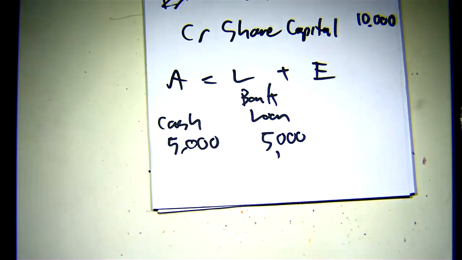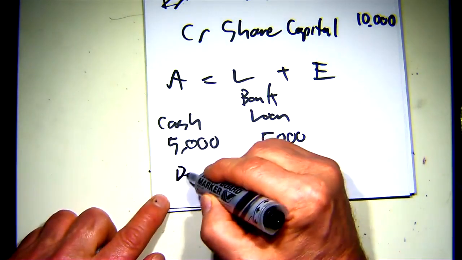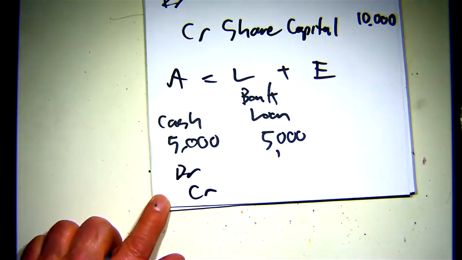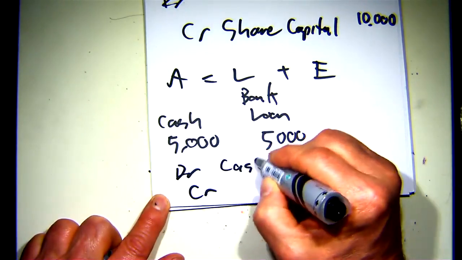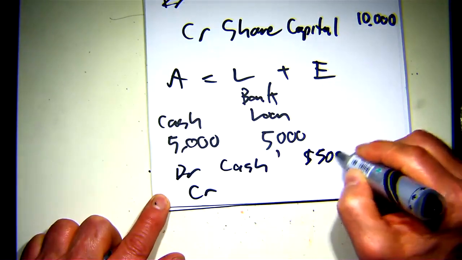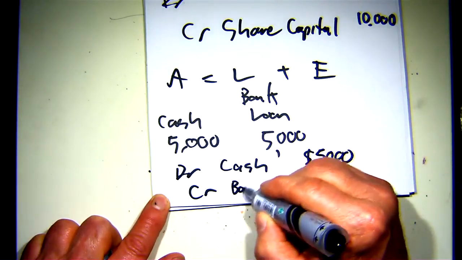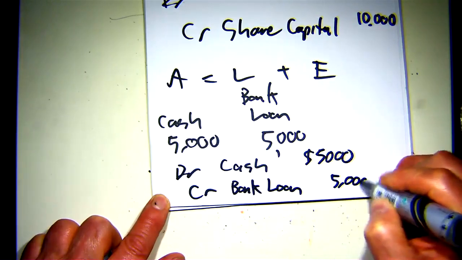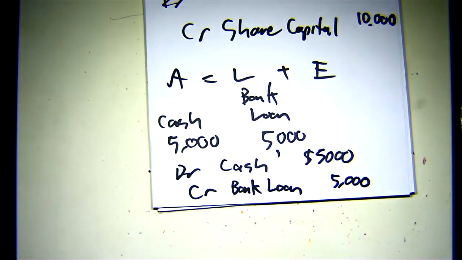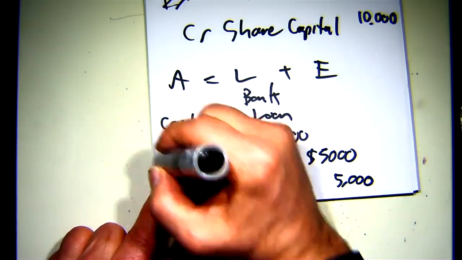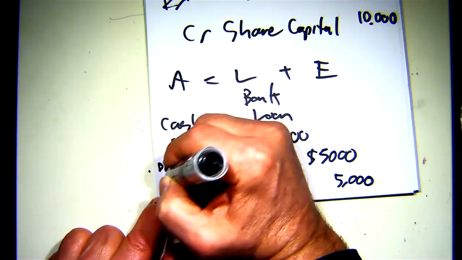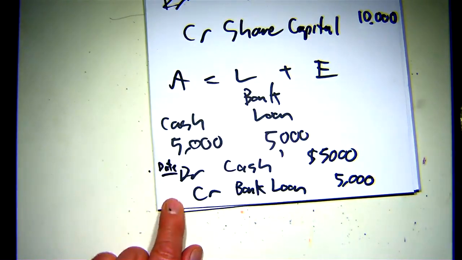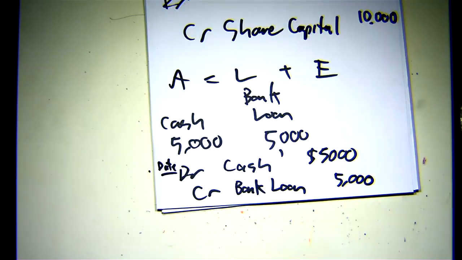It's a liability. Then if I convert that to a journal entry, I'll debit cash for $5,000 and I'll credit bank loan for $5,000. That's the same transaction in a journal entry. There's also a date. I'm just leaving out the date here, but there'll be a date underneath as well. Okay, so that's the second transaction.